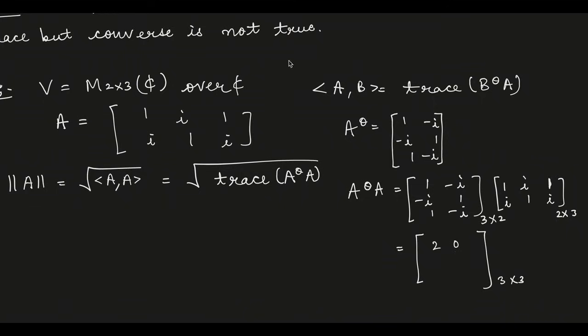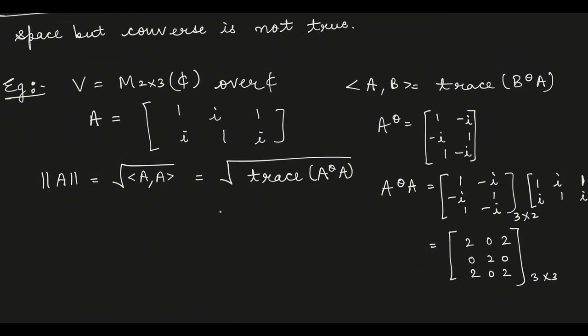The result is [2 0 2, 0 2 0, 2 0 2]. So trace will be 2 plus 2 plus 2, 6.